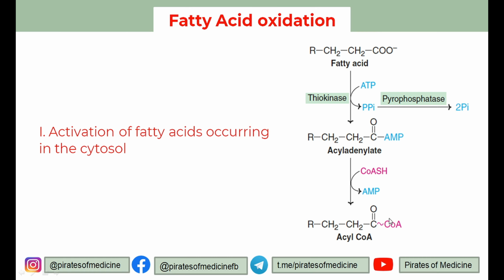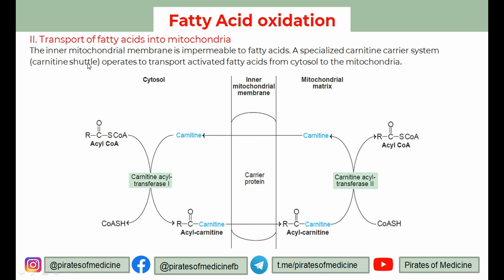Now the second step is the transport of this fatty acid into the mitochondria. The inner mitochondrial membrane is impermeable to fatty acids. So we need to use a specialized shuttle system, the carnitine carrier system or carnitine shuttle, to transport fatty acids from the cytosol to the mitochondria. Think of carnitine as a bus.